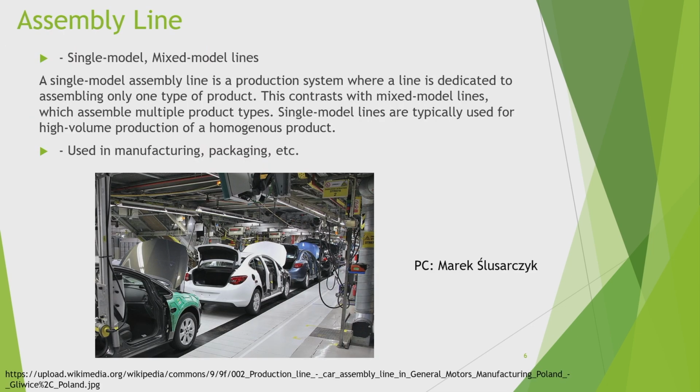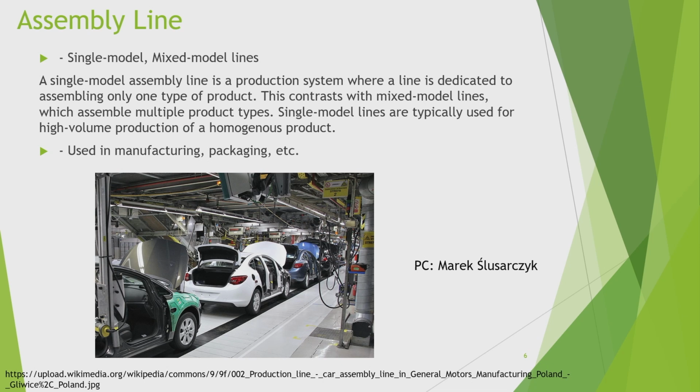So, assembly lines can be single model assembly lines, or they can be mixed model assembly lines. A single model assembly line is a production system where a line is dedicated to assembling only one type of product. This contrasts with mixed model lines, which assemble multiple product types. Single model lines are typically used for high volume production of a homogeneous product.